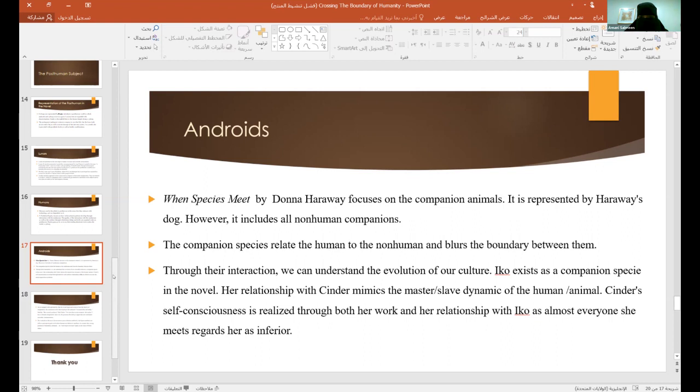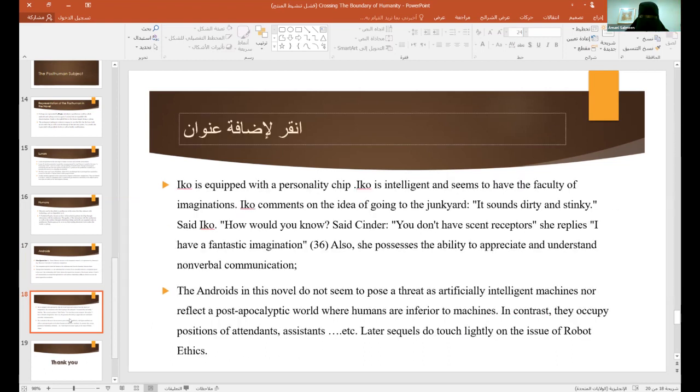Cinder, the protagonist, mimics the master-slave dynamic of the human and the animal in the book, and her self-consciousness is realized through both her work and her relationship with her android Echo, which helps her, and is her friend.